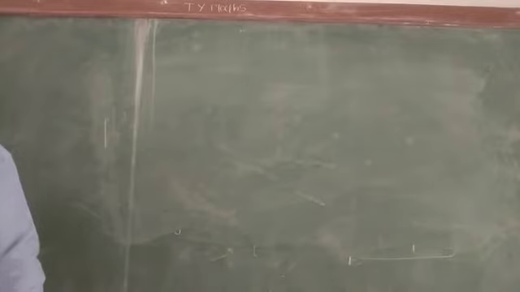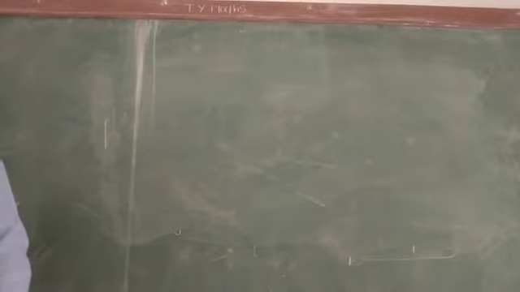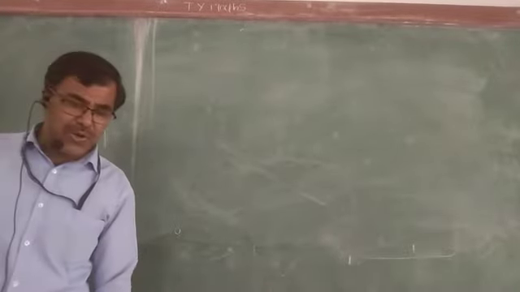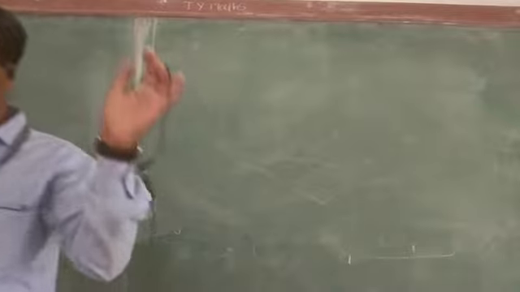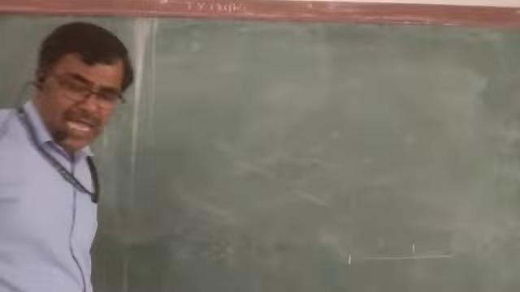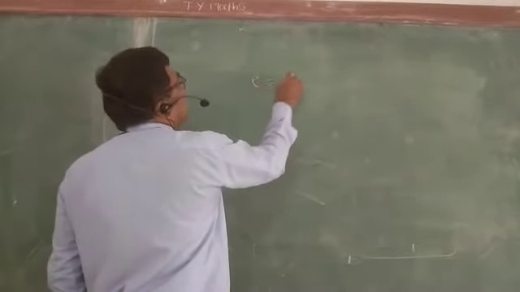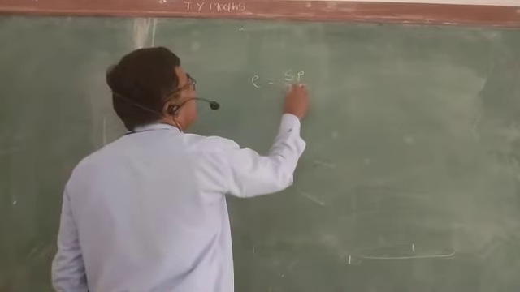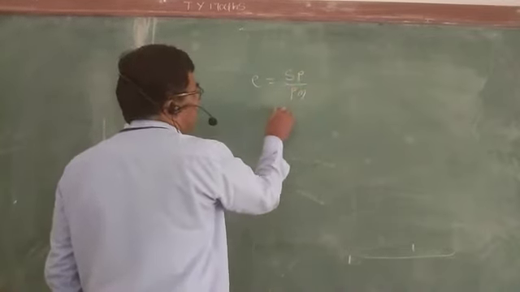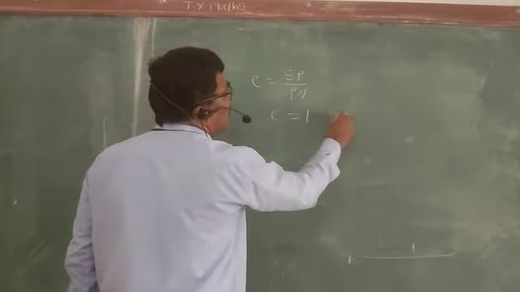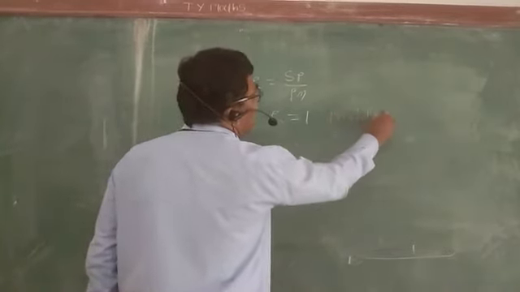Just as there is an equation of a circle, similarly parabola has the focus-directrix property SP equal to e times PM. E is known as eccentricity, SP upon PM. E equal to 1, that conic is known as parabola.